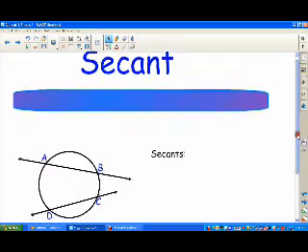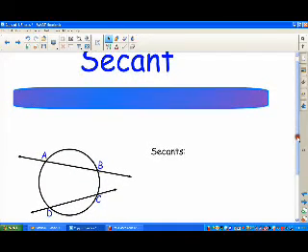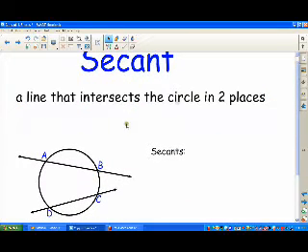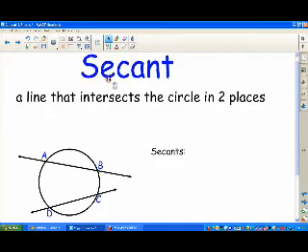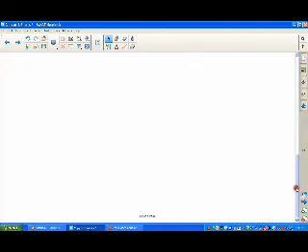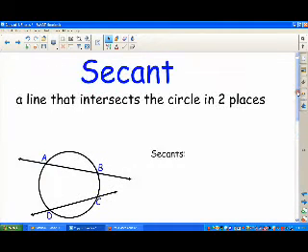A secant. Well, if you look at a secant, it ought to look awfully familiar to a chord. The difference between a chord and a secant is that a secant is a line, while a chord is a segment. Okay, so a secant is a line that intersects the circle in two places. Now with a tangent line, we have a point of tangency. There is no point of secancy. That doesn't exist. But that secant line is very, very similar to a chord.